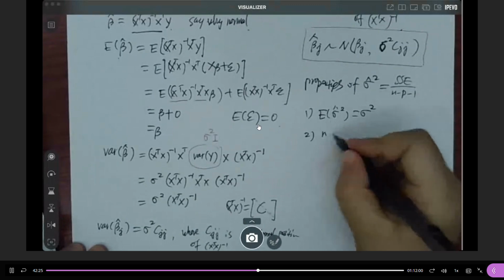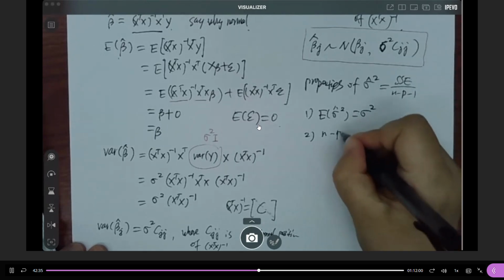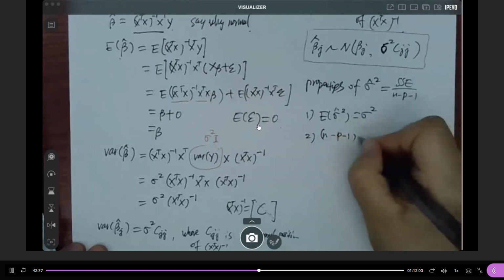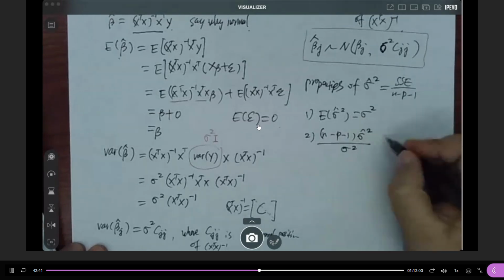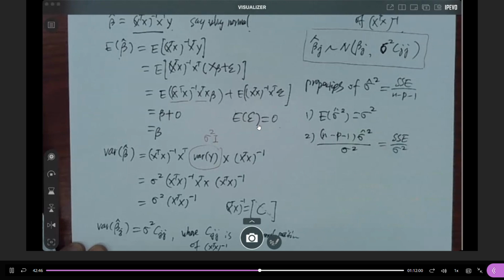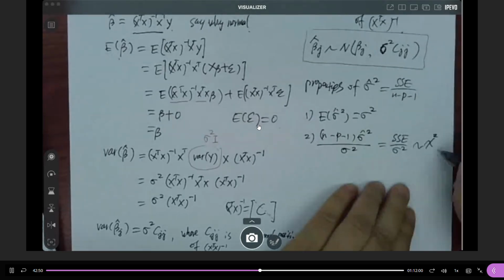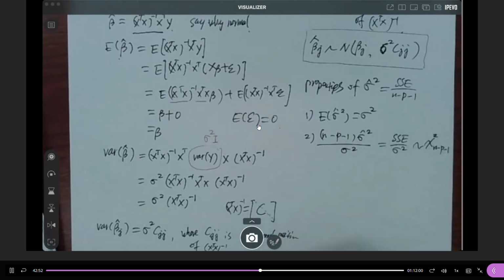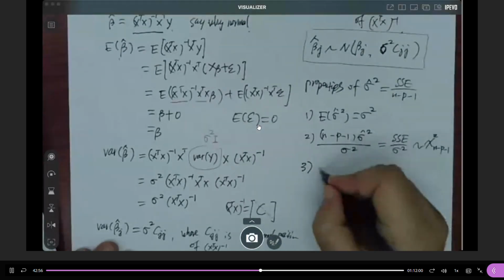Second, although we don't prove the chi-square distribution, we do use it sometimes, because later when we do testing, there will be t-tests. A t-test comes from the definition of the chi-square. So n minus p minus 1 times sigma hat squared divided by the true sigma squared, which equals SSE divided by sigma squared, follows a chi-squared distribution with n minus p minus 1 degrees of freedom.